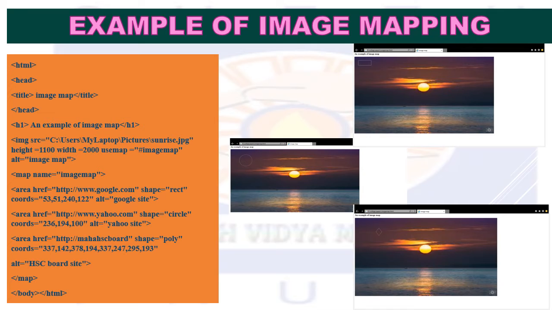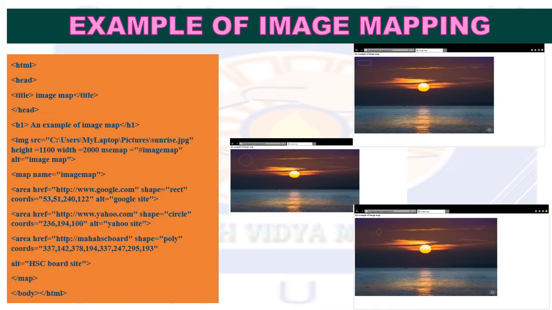The coordinates have been specified on the image to get the hotspot. The shapes are seen very light because this is the output we had got. Here you can see a rectangle shape, a circle shape, and a polygon shape. So how to get the shapes on this particular image?